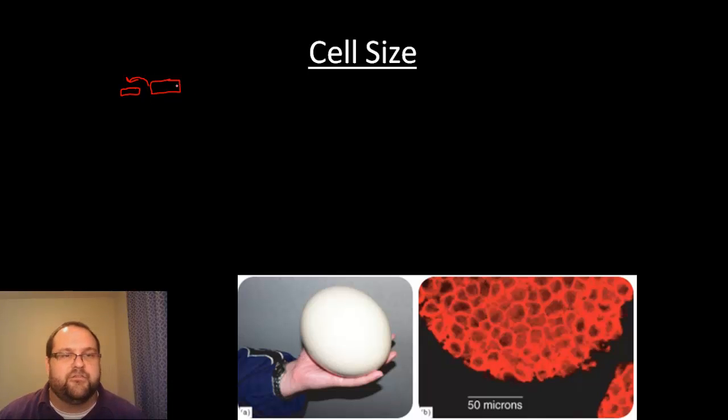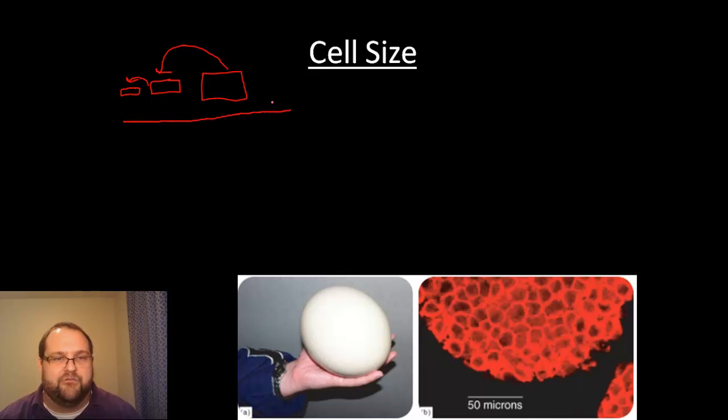So therefore, a bigger single-celled organism would be more advantageous, because it would be able to eat the even smaller one. So you would think that cells should increase in size.